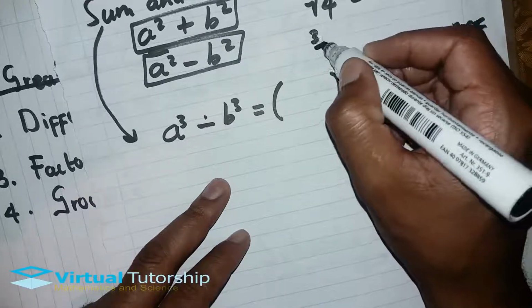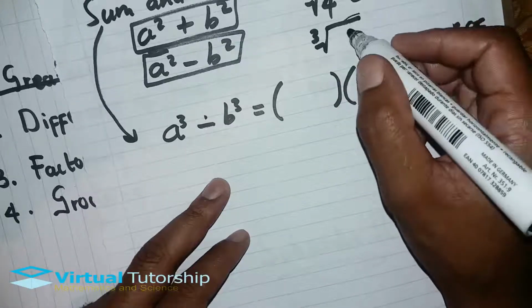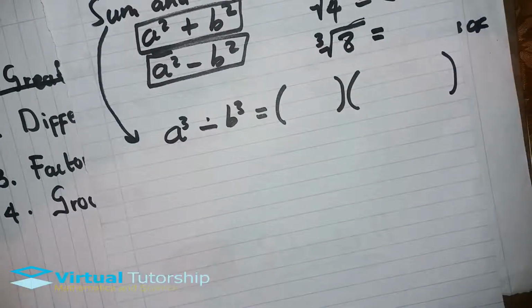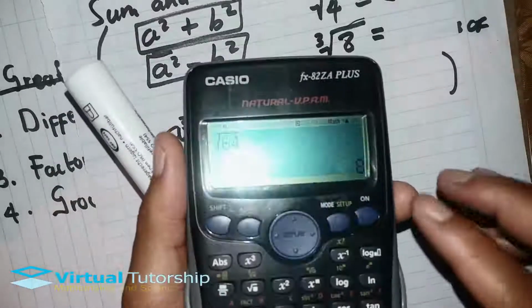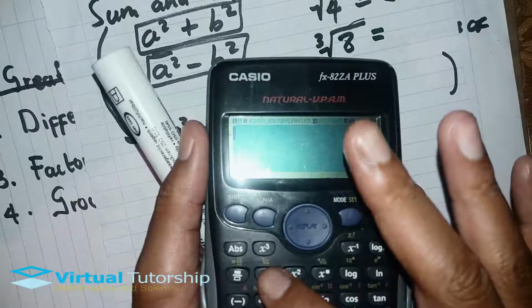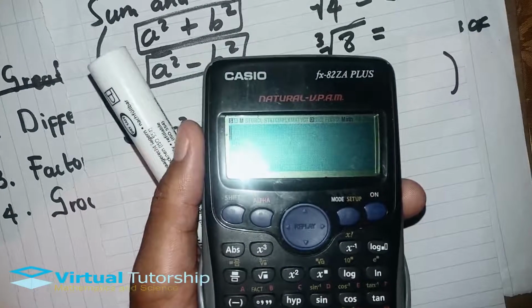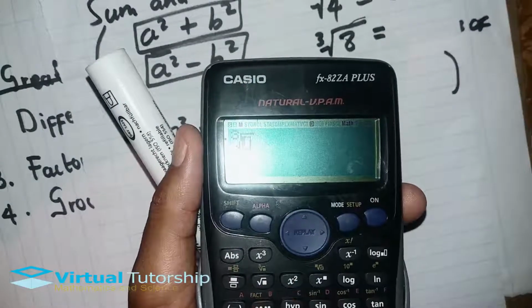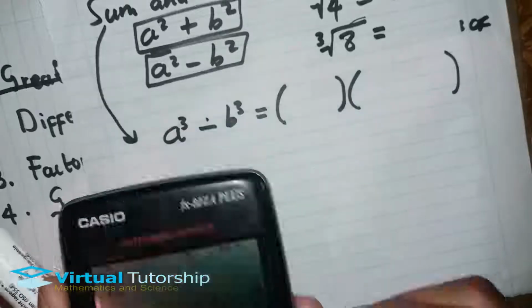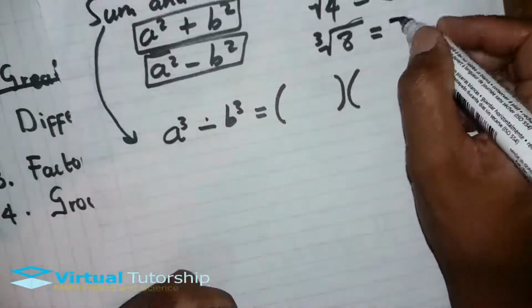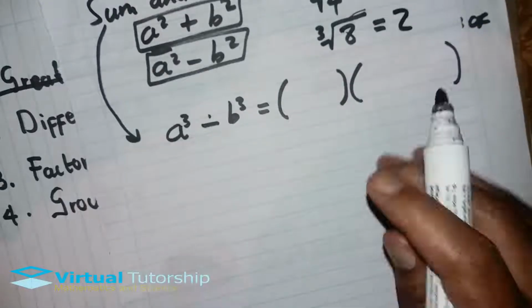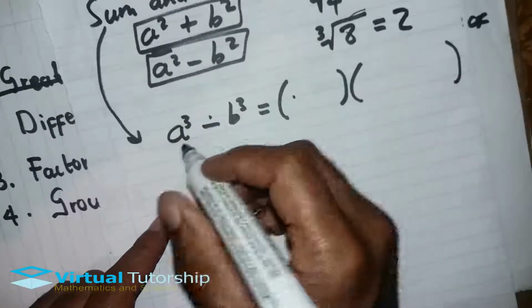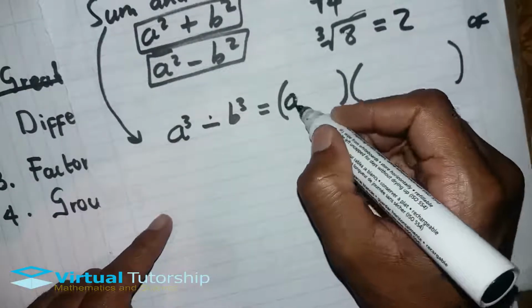A third root is something like this, a typical third root could be of 8. Now take your calculator, press shift, and you have a third root there. If you're using a Casio, you'll find your third root there: the third root of 8 is equal to 2. The third root of a cubed is a.